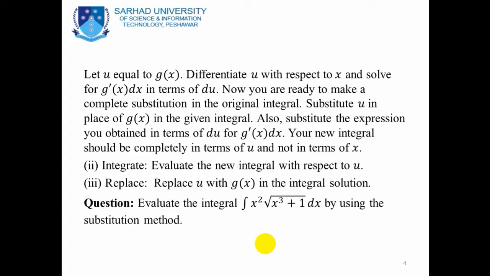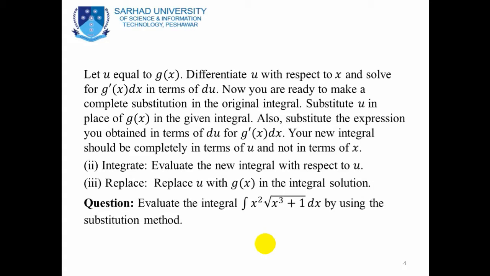If the given function is given in the domain x, then convert it into a new domain like u, and then convert the dx operator. The dx operator is the derivative with respect to x, but now we change the function from domain x to domain u, so this dx will be changed to du. For this purpose, differentiate the function and convert the dx operator into the operator du.